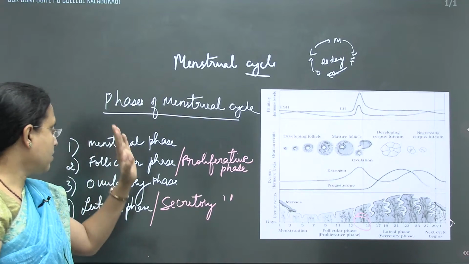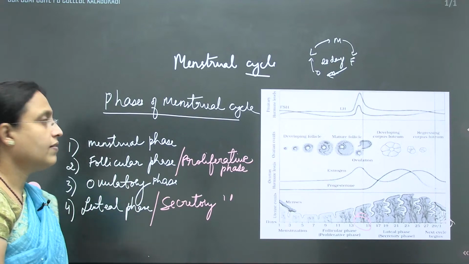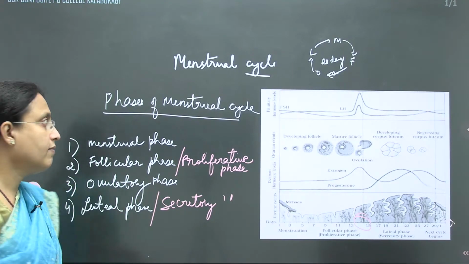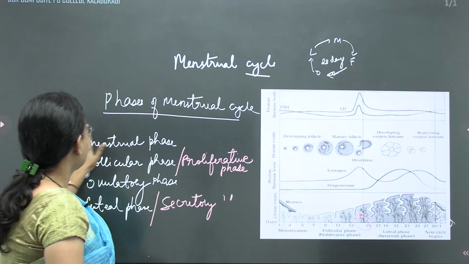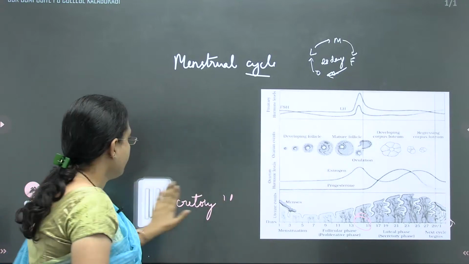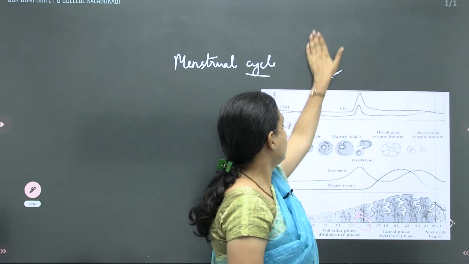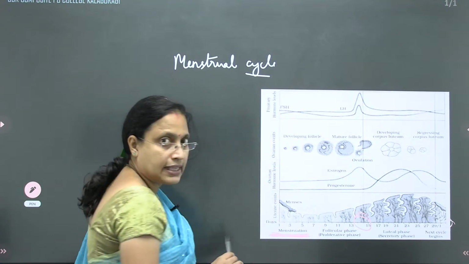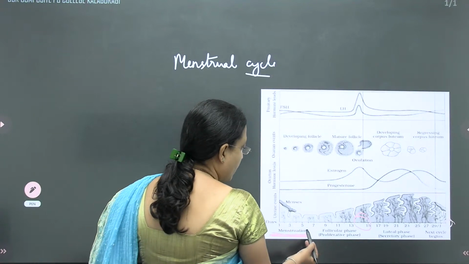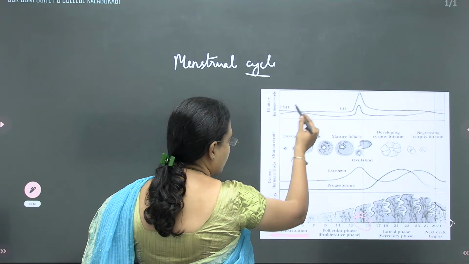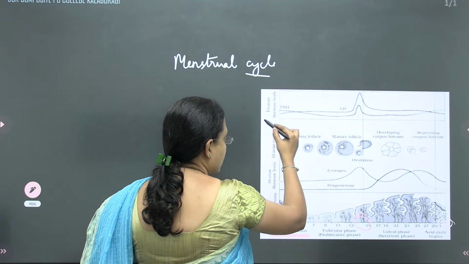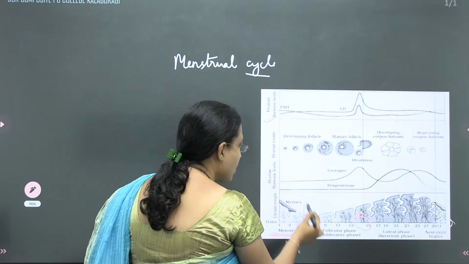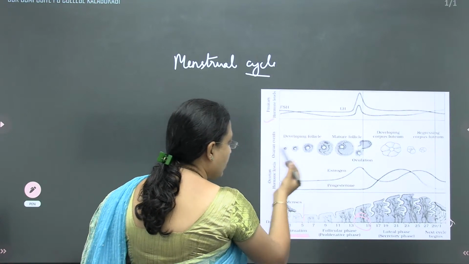So this is about the phases. Now, first I'll explain the menstrual phase. During the menstrual phase, what is the fate of the pituitary hormones, what ovarian events happen, what uterine events happen, and what is the condition of the ovarian hormones?